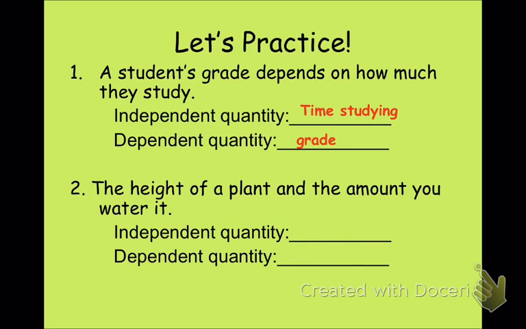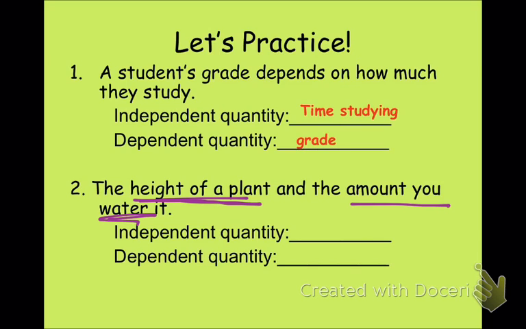So let's go ahead and move on to the next one. We have the height of a plant and the amount you water it. We have two things happening, which is the height of the plant, how tall it grows, and the amount we choose to water it. Which one comes first, the growth or the amount we water it? In this case, the height depends on how much water is being fed to the plant.